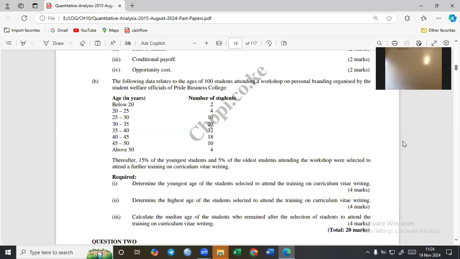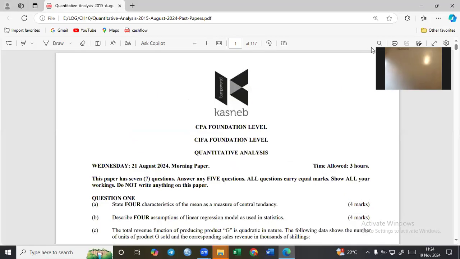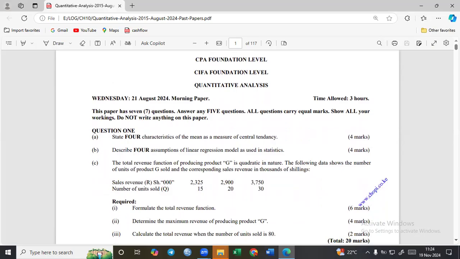Let us open our past paper. I'm going to share my screen. Now, can you see my screen? Someone to confirm. Yes, we can see it.